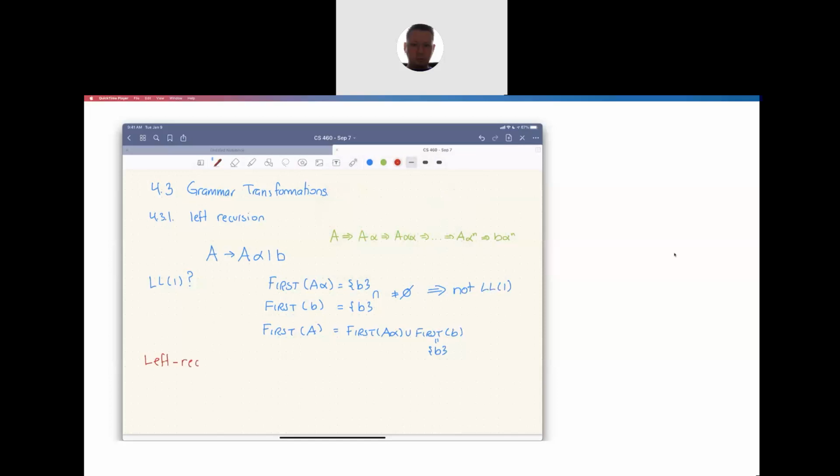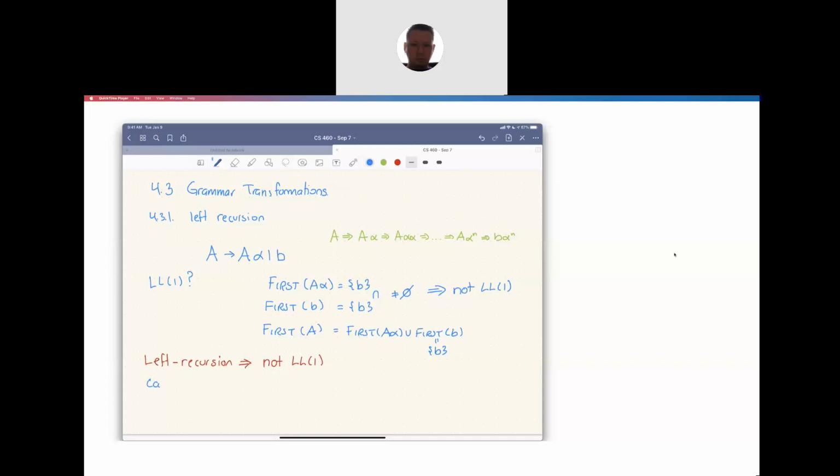Right, so we can say here in powerful red, left recursion implies not LL1. So the question is, could I twiddle the grammar a bit, tweak it, change it, do something to it, so that it becomes LL1, but at the same time still produces the same language?